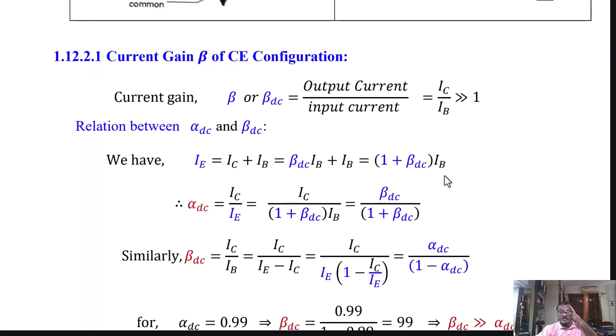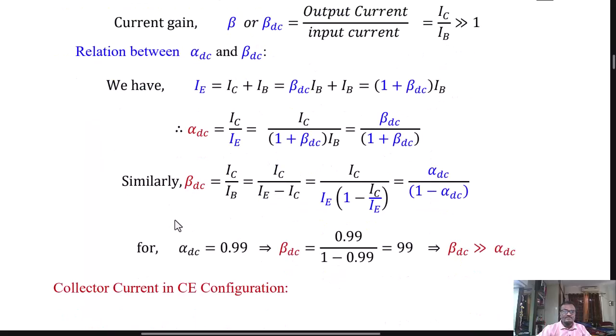So in bracket, we will get 1 plus beta DC into IB is equal to IE. But we know alpha DC is equal to IC by IE. Substitute the value of IE here, you get IC upon 1 plus beta DC into IB, and that is equal to beta DC upon 1 plus beta DC, because IC by IB is beta.